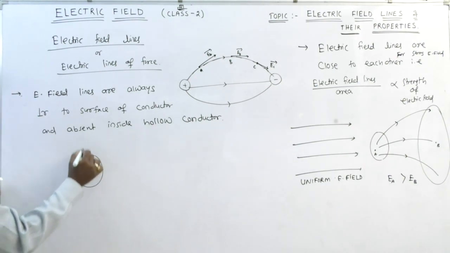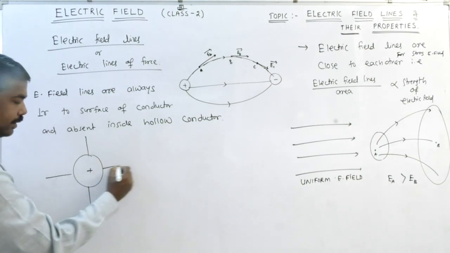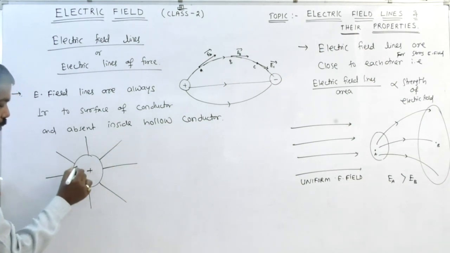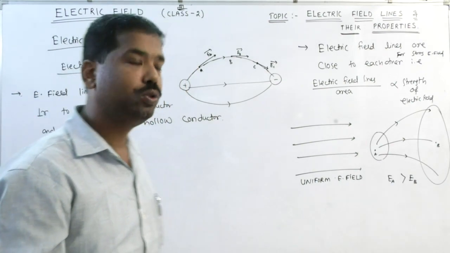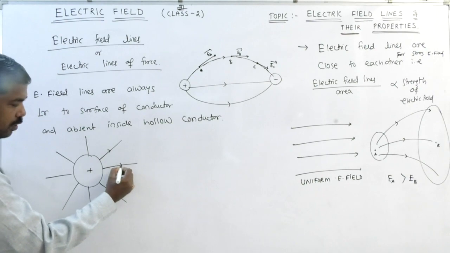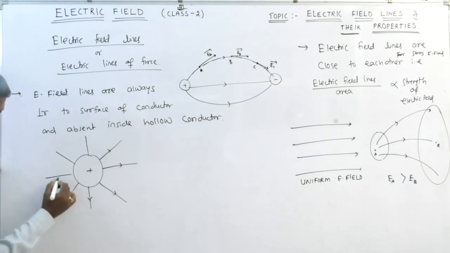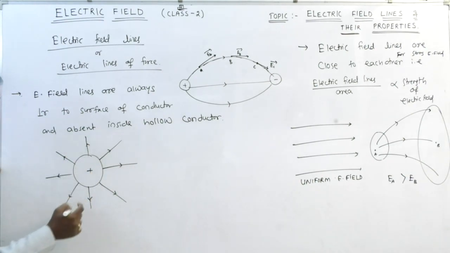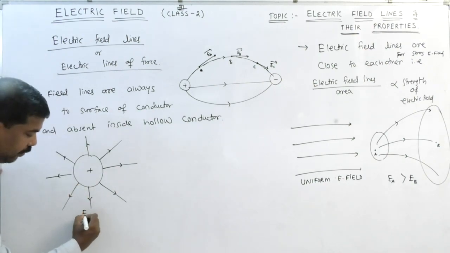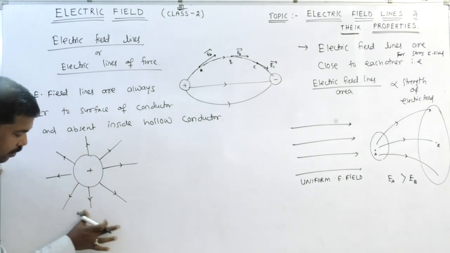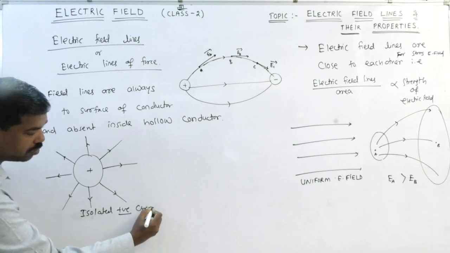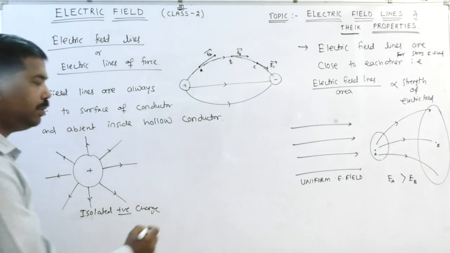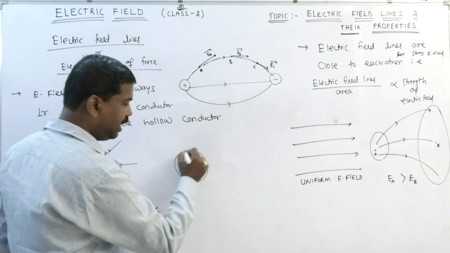Let this be an isolated positive charge. We have discussed that electric lines of force move away from a positive charge. So this is for an isolated positive charge. Let us imagine a negative charge.